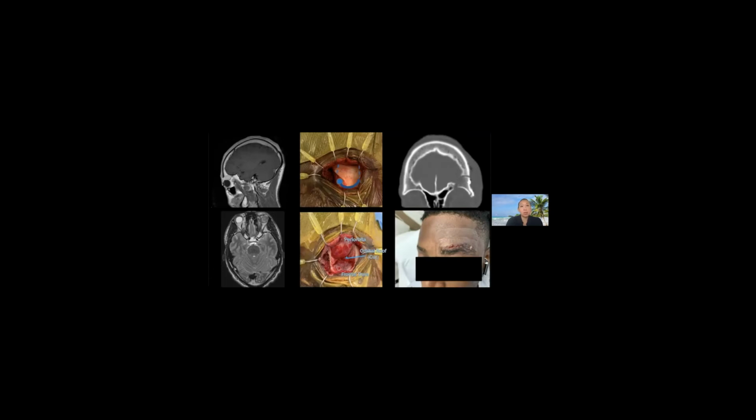It's important not to cut the temporalis muscle here because that's how you get a frontalis nerve injury. So you have to dissect it off at the periosteum, and the orbital rim is cut. And here you can see exposure to the periorbita, the orbital roof, the frontal dura, with a nice result at the end.